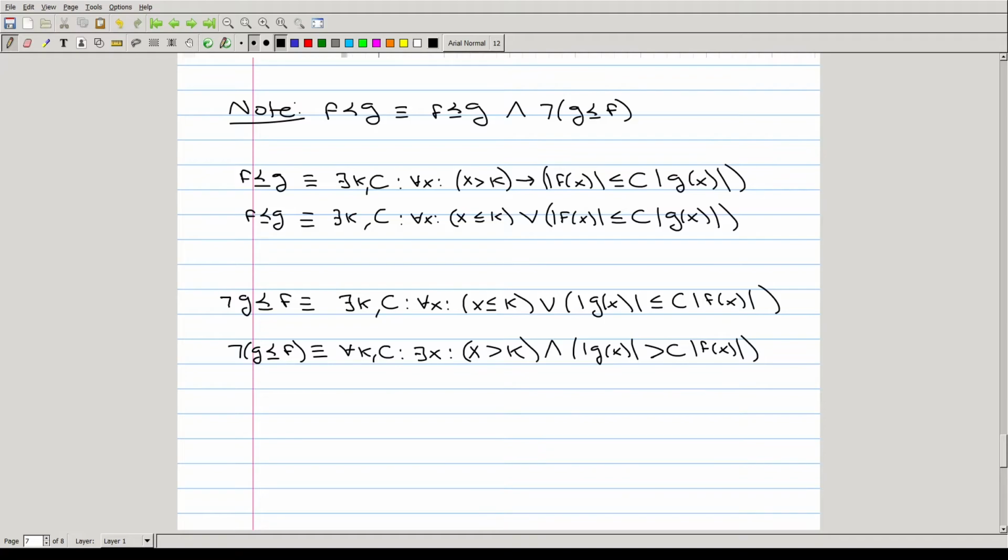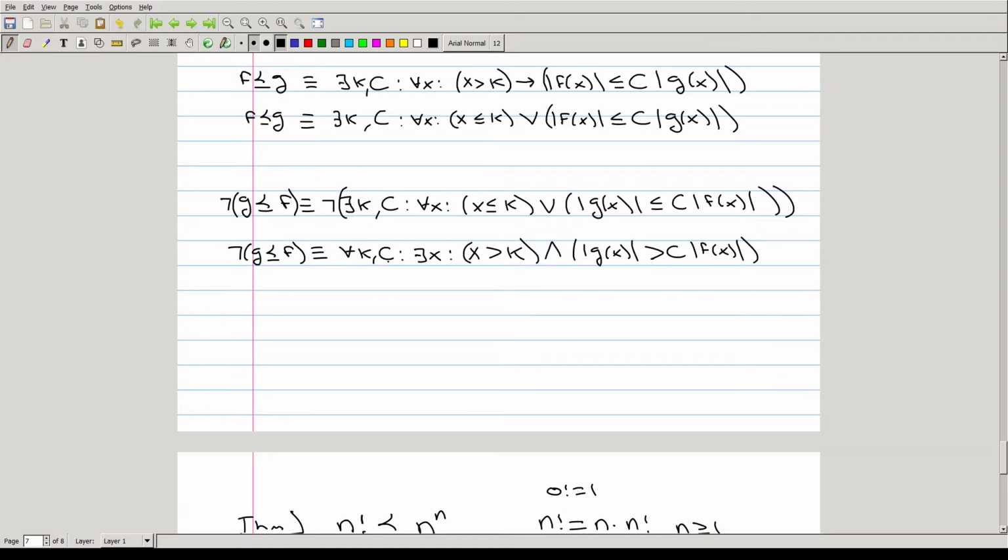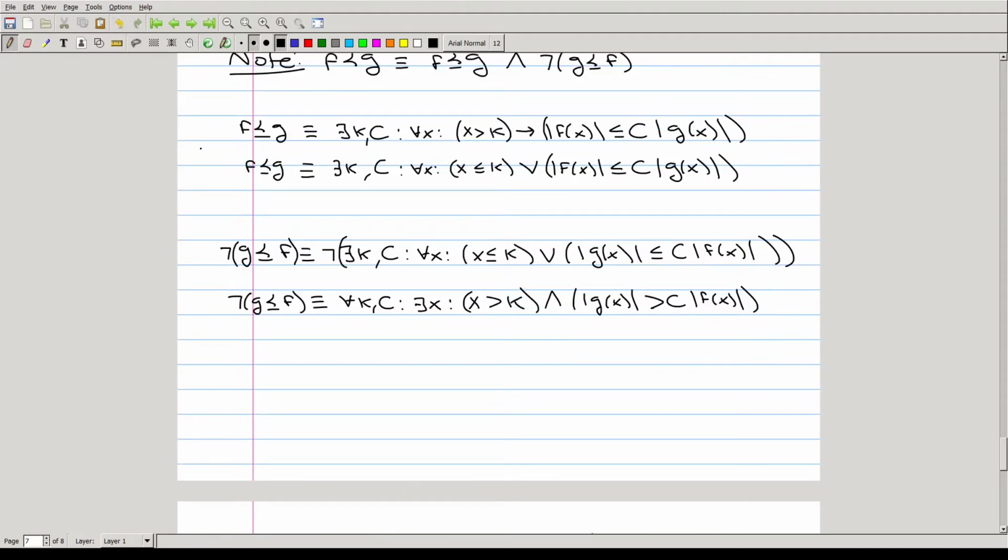So the negation of this quantified statement is the same thing as saying for all constants k and c there exists an x such that x is greater than k and g of x is strictly greater than c times f of x. So this is the logical statement that we want to think of when we try to prove a strict domination.